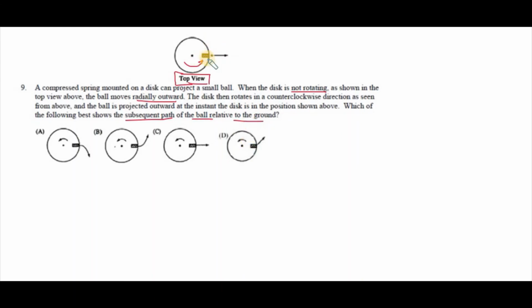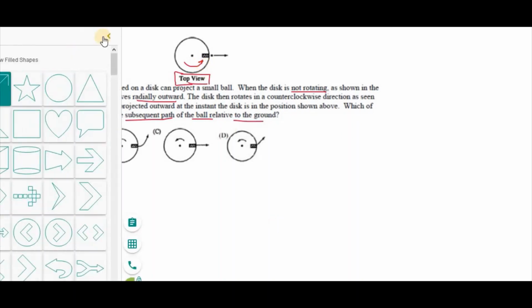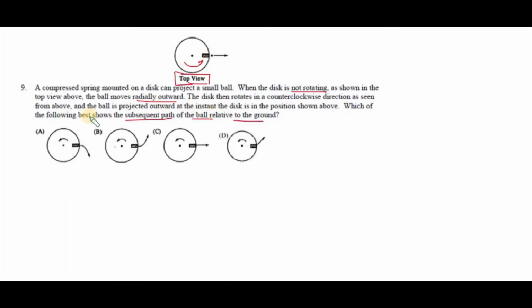Now what could be the subsequent path of the ball relative to the ground? Due to the compression of the spring, it was moving in the radially outward direction with a certain velocity. And since the disc is rotating, it will have some tangential velocity as well, in the counterclockwise direction.